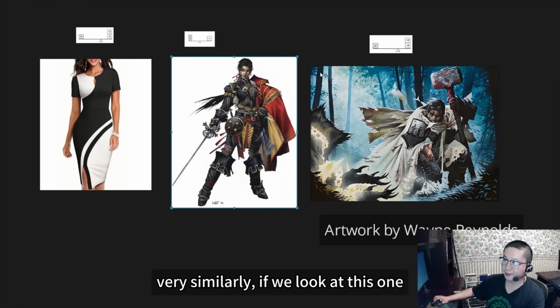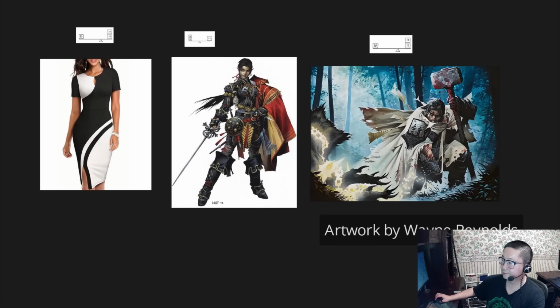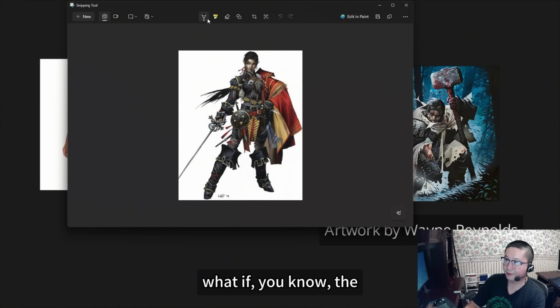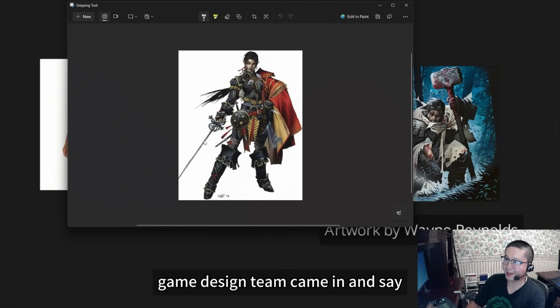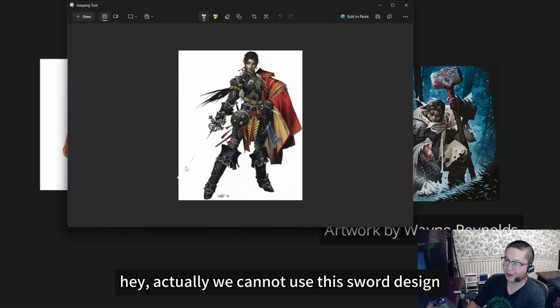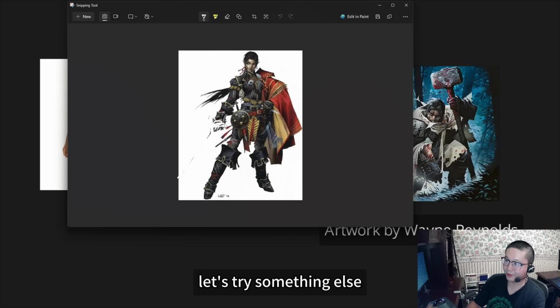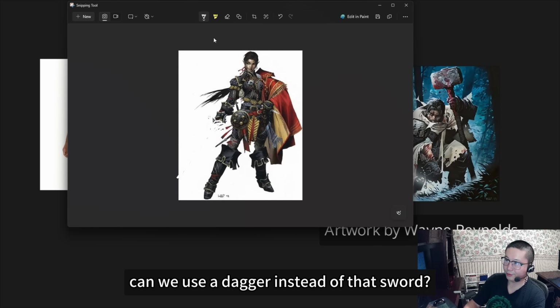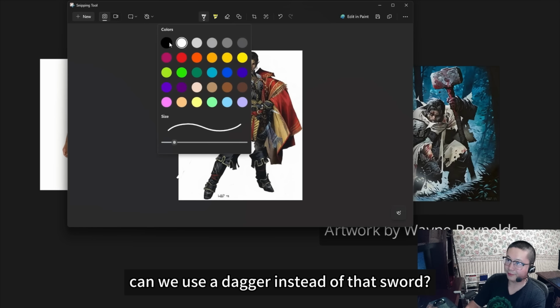Very similarly, if we look at this one, what if the game design team came in and said, hey, actually, we cannot use this sword design. Let's try something else. Can we use a dagger instead of that sword?